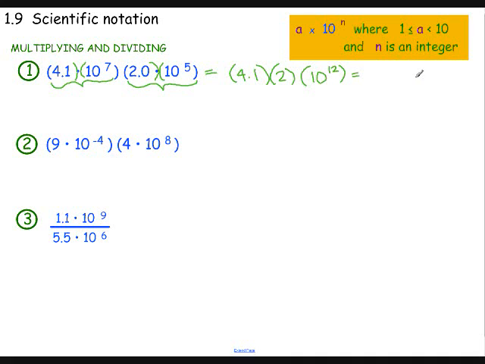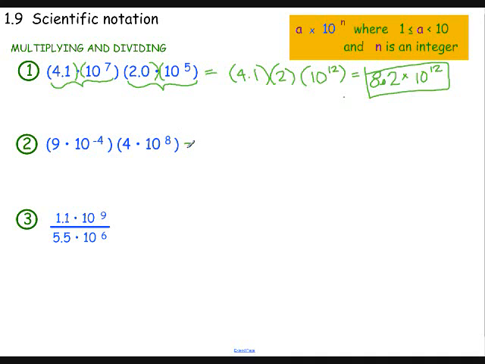So I end up with 8.2 times 10 to the 12th power. That's acceptable because my a, which is 8.2, is greater than 1 and less than 10.